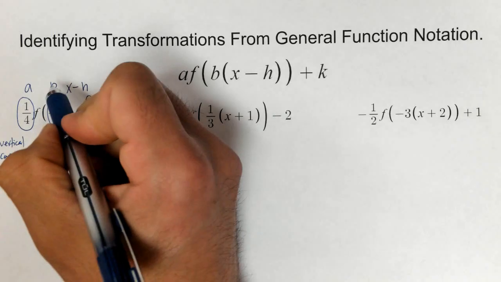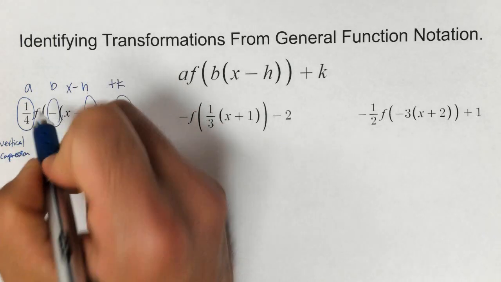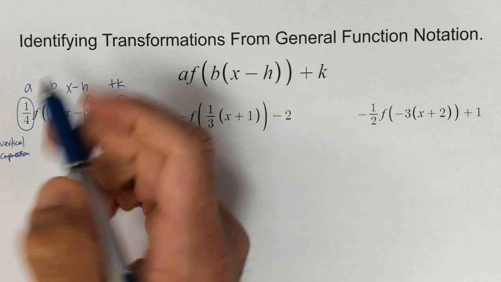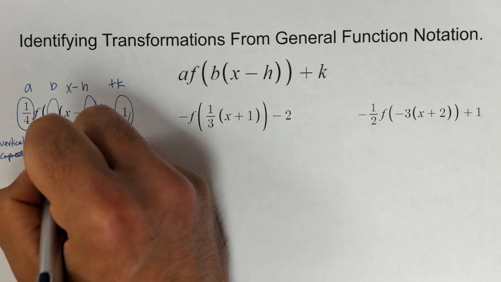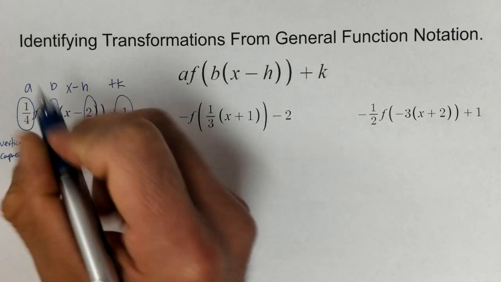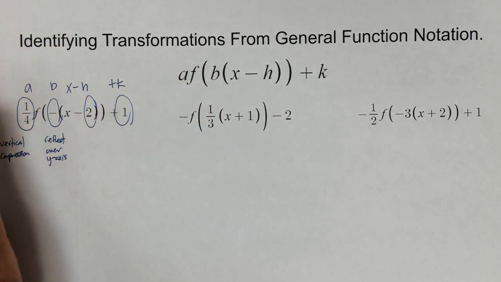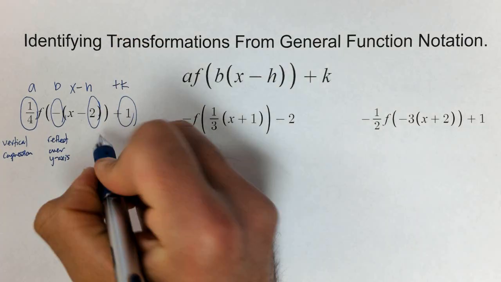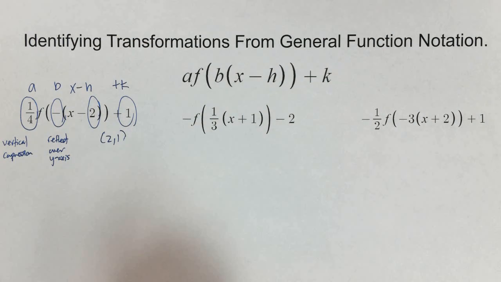Right? What does the b do? Well, b deals with all horizontal changes. We're going to reflect this function over the y-axis because it's flipping horizontally, right? The h and the k value here are 2, 1. What does that tell you?